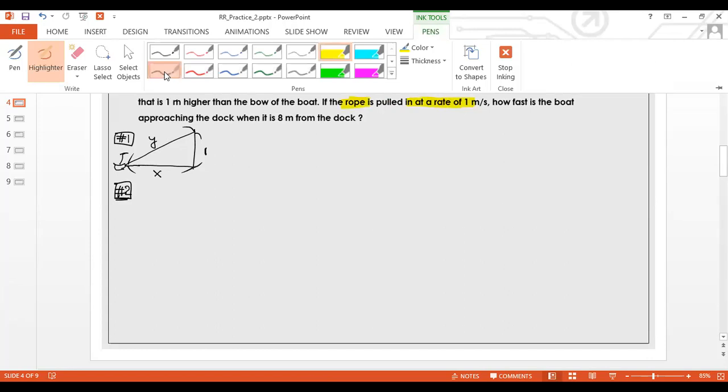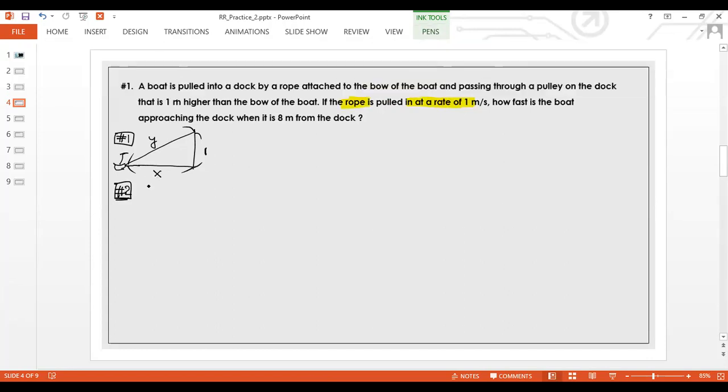If y is the rope, that means dy/dt is negative, because you pull it in and the boat gets closer and closer. So be careful: when you set it up, this is negative 1.